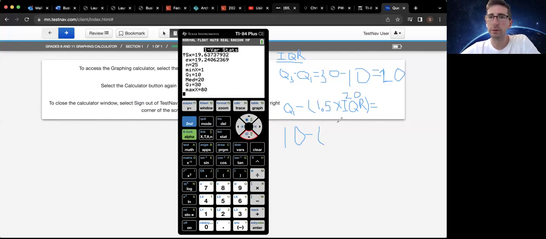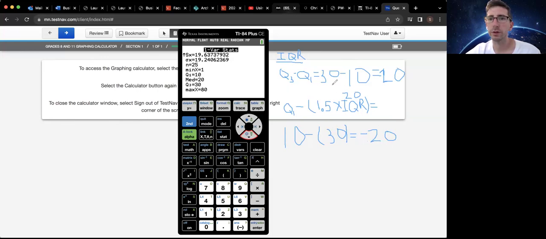So 1.5 times 20 is equal to 30. And 10 minus 30, smaller number subtracted from a larger number, is negative 20, right? This is really important. We get a negative number here. So this is the cutoff for any lower outlier, basically. So if we have any number smaller than negative 20, then that number will be deemed an outlier.